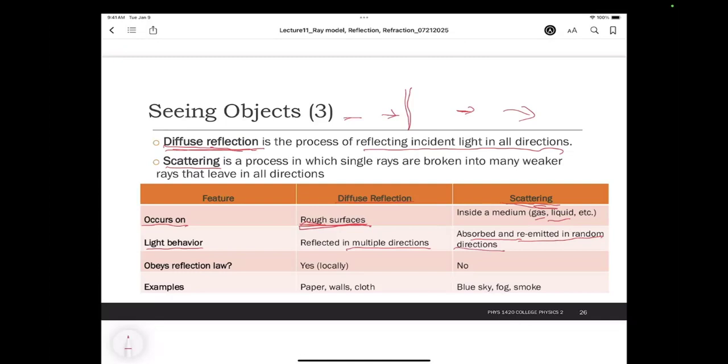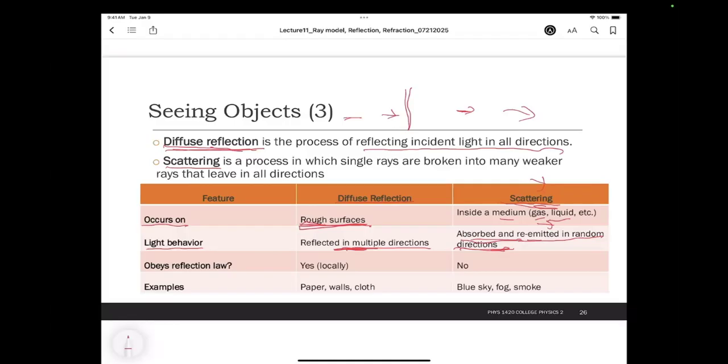If the incident ray enters some medium like smoke, gas, or liquid, the light will be absorbed and emitted in random directions. You cannot predict the directions, but for diffuse reflection, you can actually calculate the reflected direction.